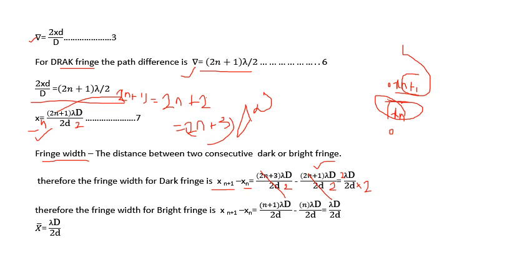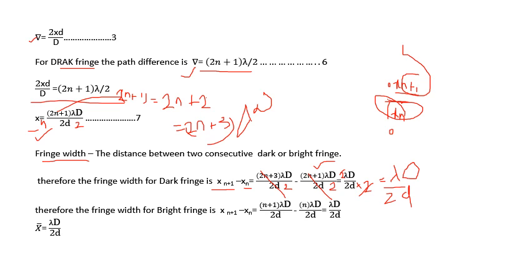This 2 is cancelled by this 2, and what is the final fringe width for the dark fringe? It is lambda D by 2d.